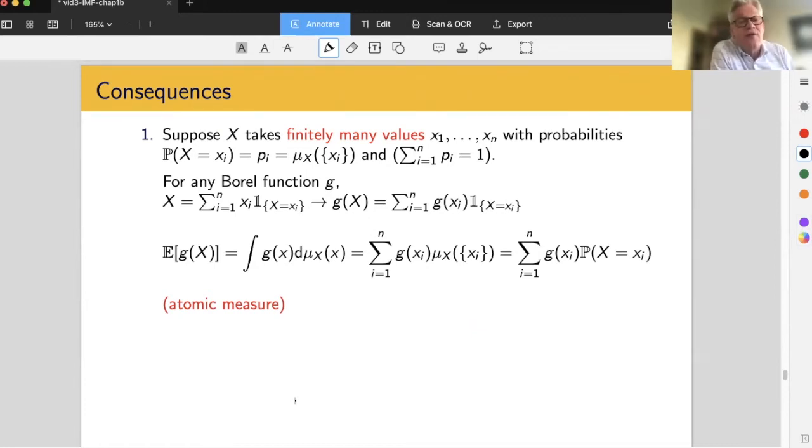And that, of course, implies that g(X) is the sum of i = 1 to n of g(xi) times the indicator function that X is equal to xi.